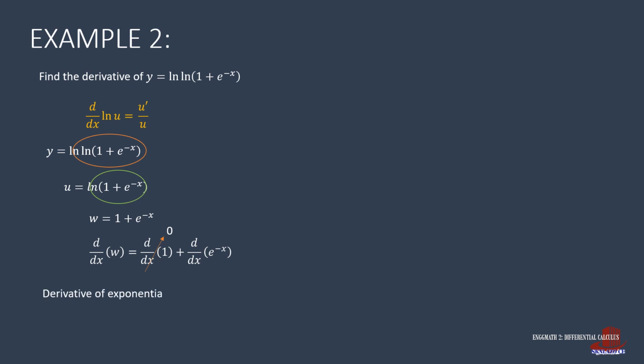Take the derivative of w as the derivative of 1 plus the derivative of e raised to negative x. Again, the second term takes the derivative of an exponential function, which is in the form e raised to its exponent r times the derivative of the exponent r. So the derivative of w, or we call w prime, is 0 plus e raised to negative x times the derivative of negative x, which is taken as negative 1.